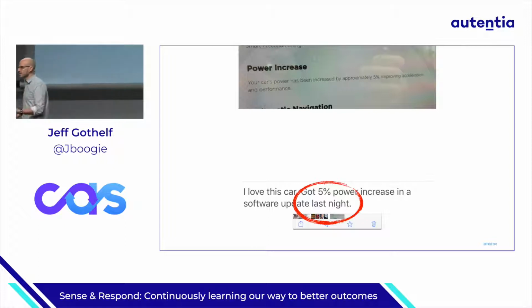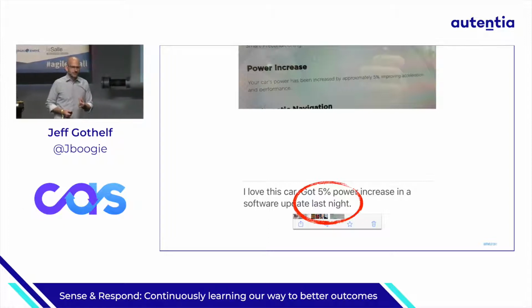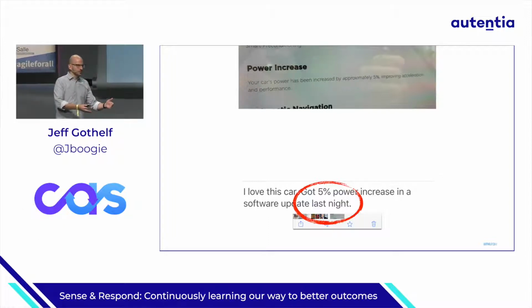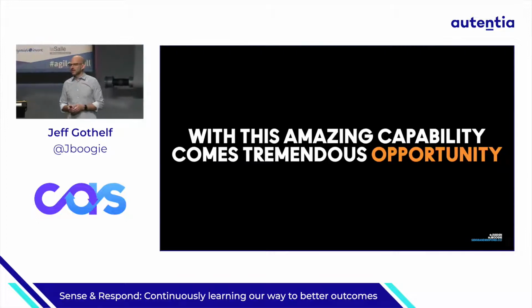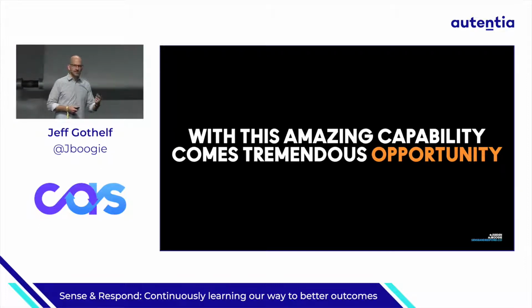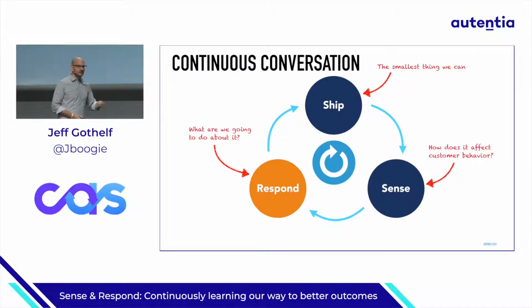It's amazing. We can continuously improve how we deliver value and how we learn from the market. There is tremendous opportunity that comes from this continuous software world that we live in, and it's because it enables us to have a continuous conversation with the market, continuous conversation with the customers and the users that we serve, right?